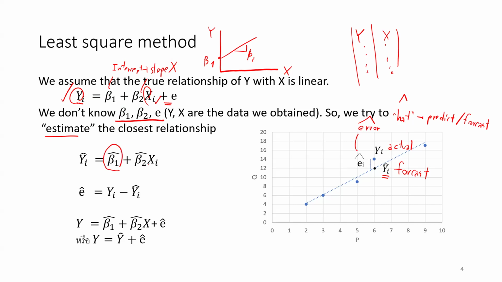So we get beta 1 hat and beta 2 hat. So this dotted line is this equation.